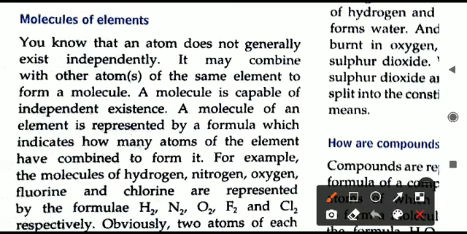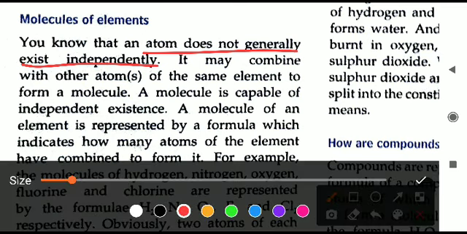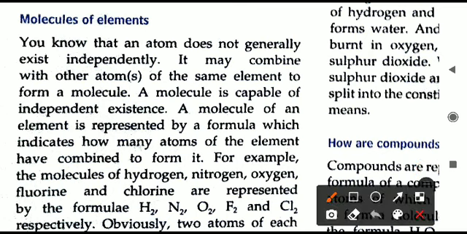So, we all know that an atom does not exist independently. It is not stable enough to have an independent existence. The atom will combine with other atoms of the same element to form a molecule. Yes, an atom cannot remain independent. It cannot exist in isolation.